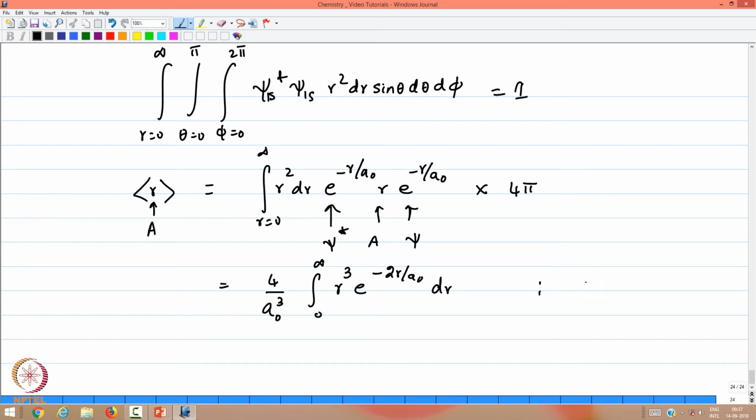Recall, simple standard integral e to the minus a r raised to n dr 0 to infinity. The standard integral is n factorial divided by a raised to n plus 1, where n is a positive integer.